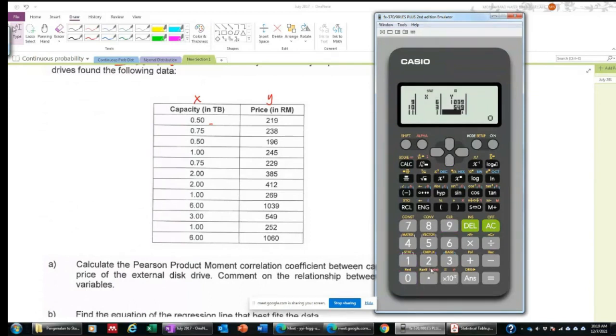Right? 549, 252, and 1060. And then you can recheck whether your data input is correct or not. So make sure you check every time, check and recheck. So 229, 385, 412, 269, 1039, 549, 252, and 1060. Right?